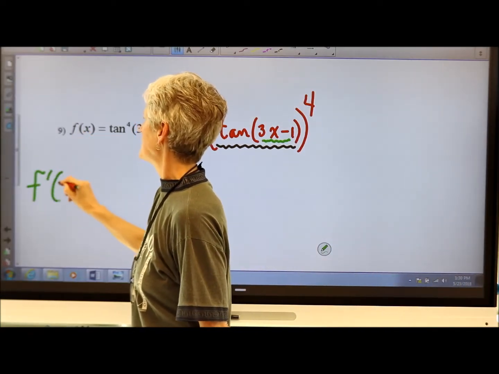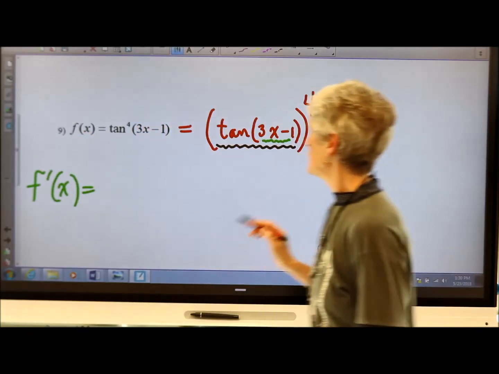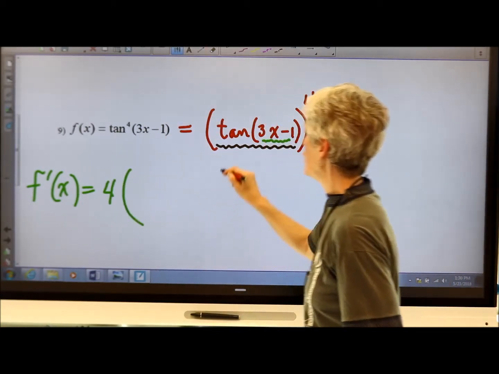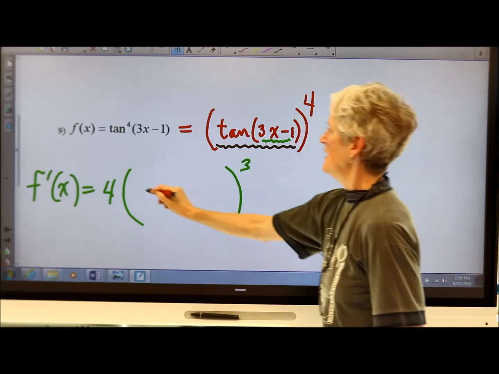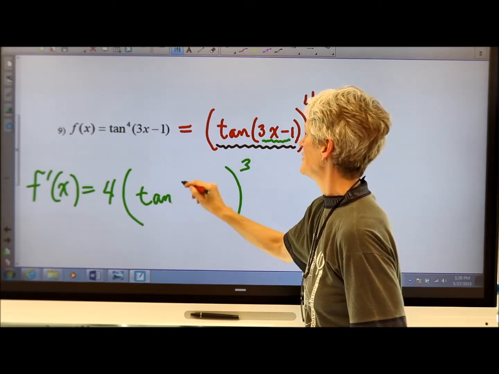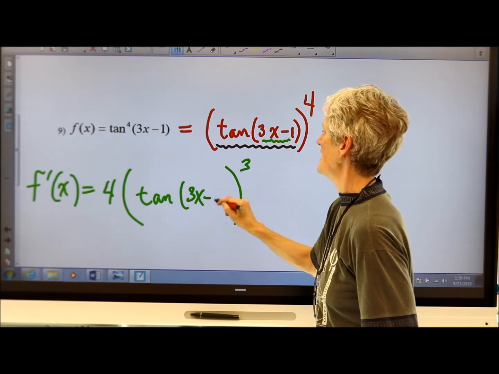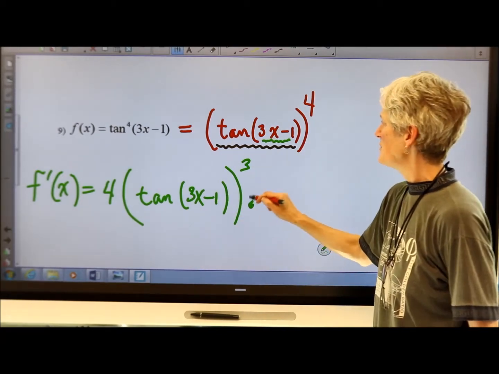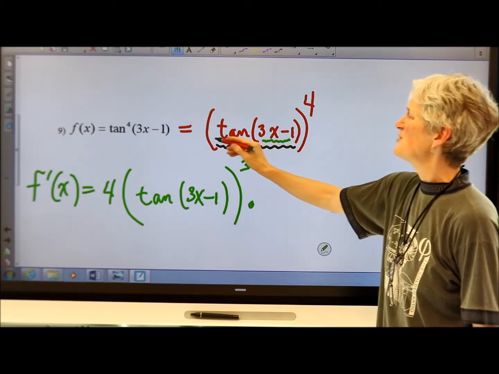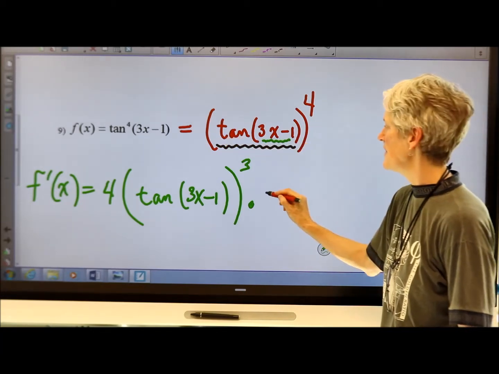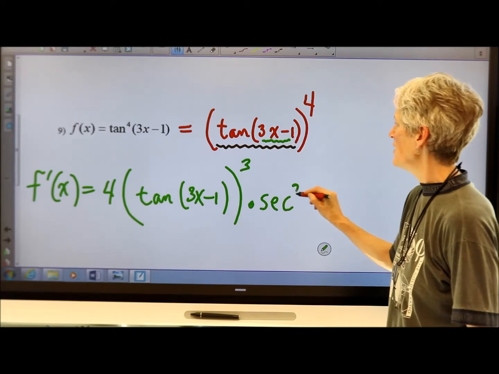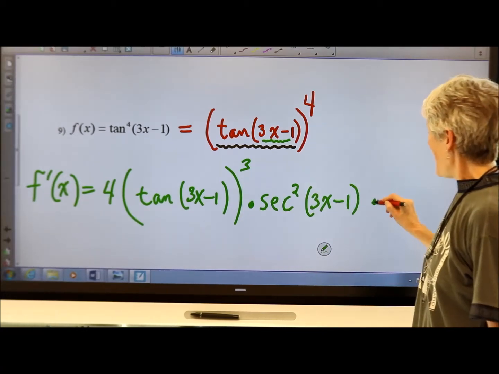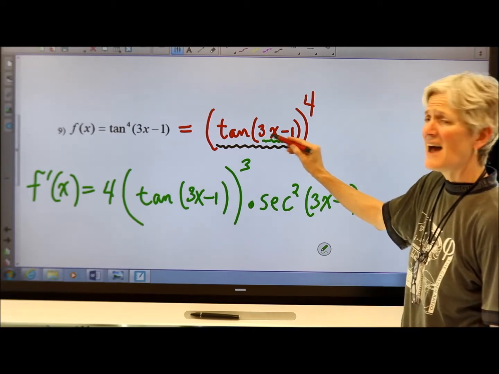Let's see what that's going to look like. Derivative of f of x is f prime of x. So here I go. Big power rule. 4 times that whole shebang to the 3rd. And when I say the big shebang, it's just the inside as is. There's the derivative of the outside, times the derivative of my inside. So the derivative of the tangent of something is secant squared of that something, times the derivative of the inside of my inside.